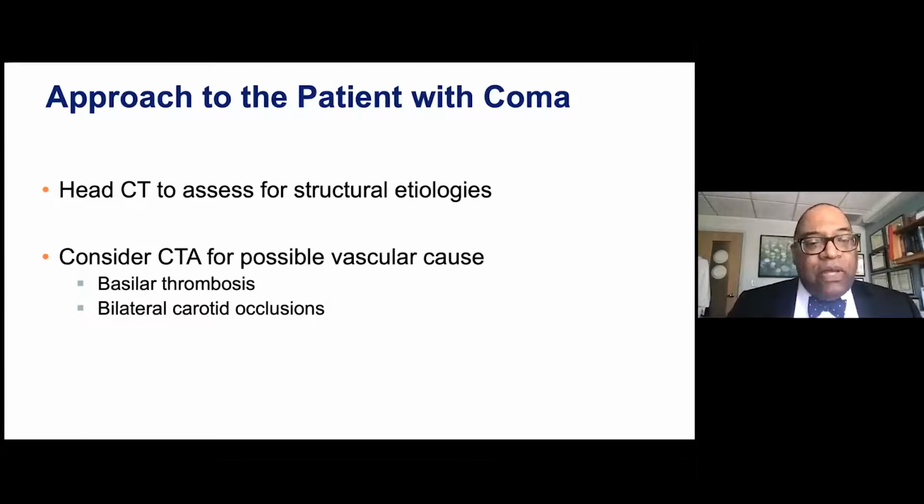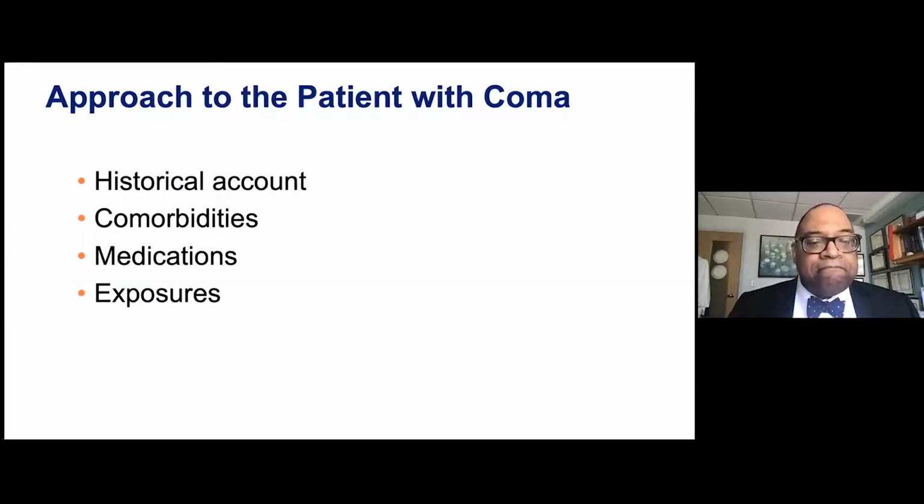At some point, we will consider performing a head CT to look for structural cause. And for those patients who may have vascular problems, we will perform a CT angiogram. And I'll say more about that in a few minutes. As I said, we want to know the historical account, what's happened, if they have any comorbid diseases, their medications, exposures.